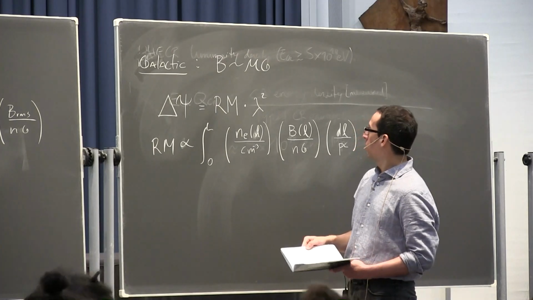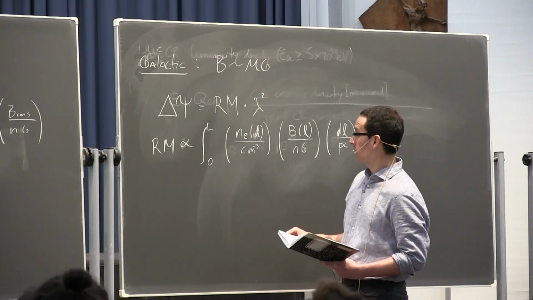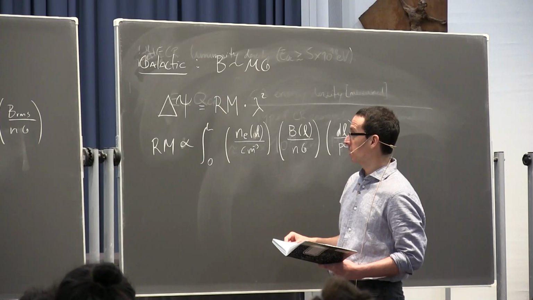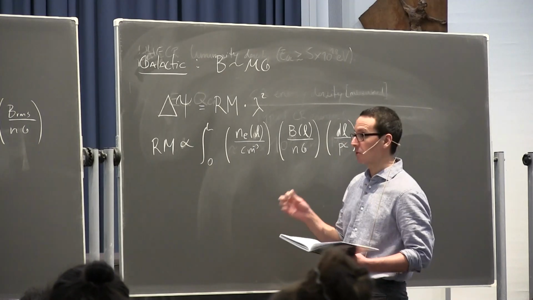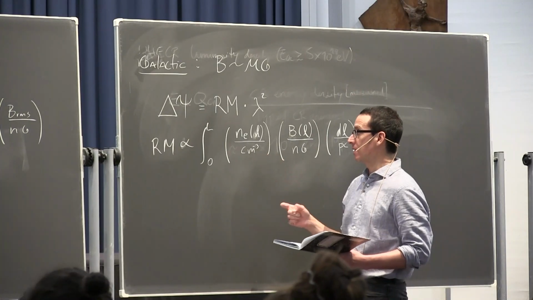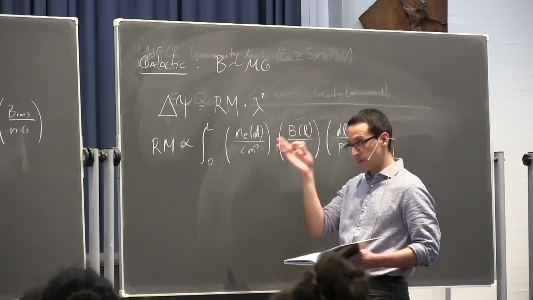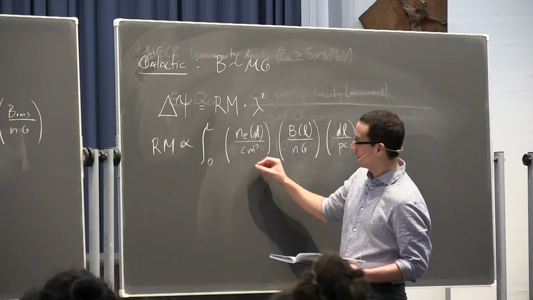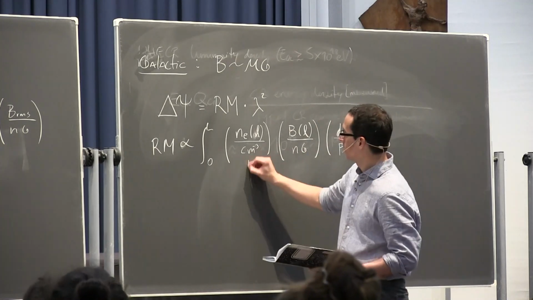So what astronomers do is by measuring the amount of matter across different directions in the sky, they can infer what the density of electrons is across different directions inside the Milky Way. So this is a measured quantity.